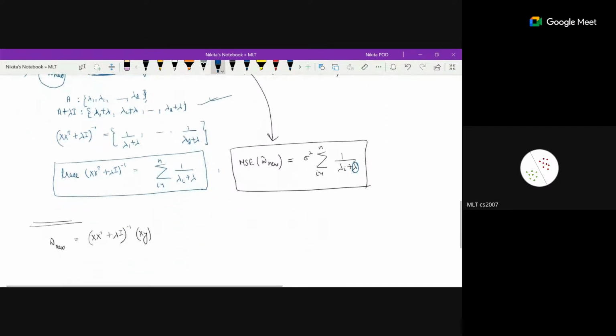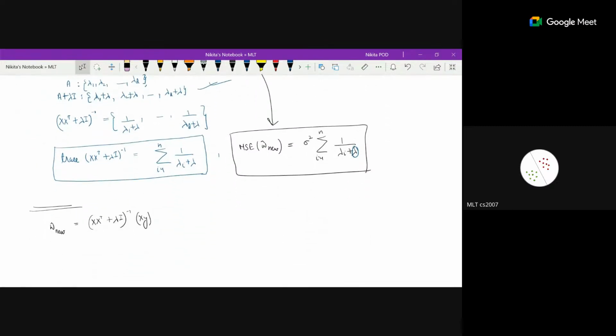So the mean square error of W hat new is sigma square sum over 1 upon lambda i plus lambda, with i varying from 1 to n.